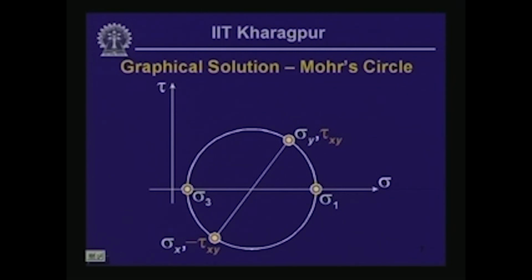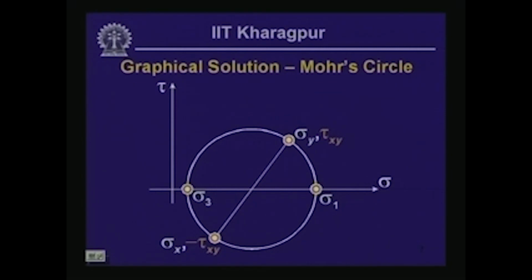So, if you consider the 2 points on a Mohr circle representing the state of stress at a point within a 2-dimensional element, then the point that is on the right end of the circle is going to be called the major principal stress, and you should notice that on this particular plane the shear stress is 0.